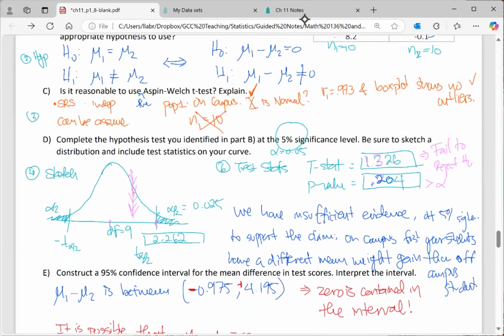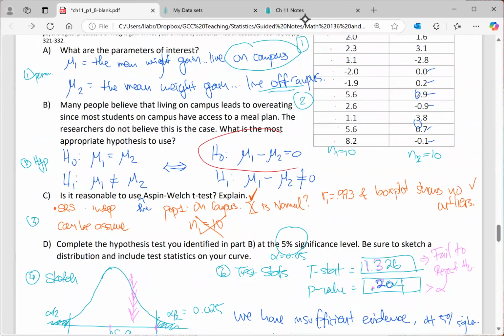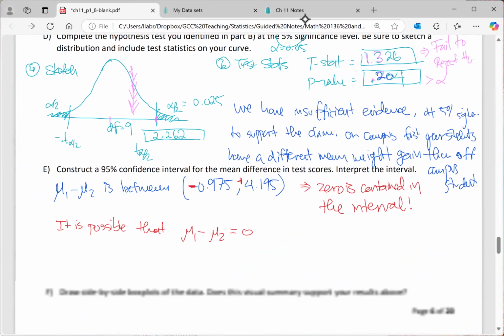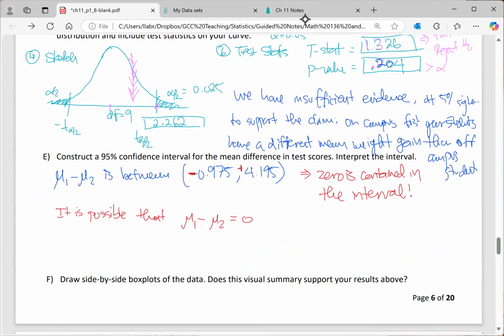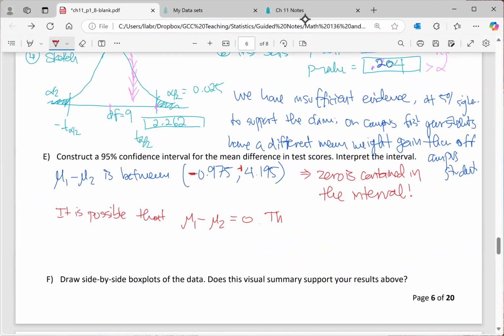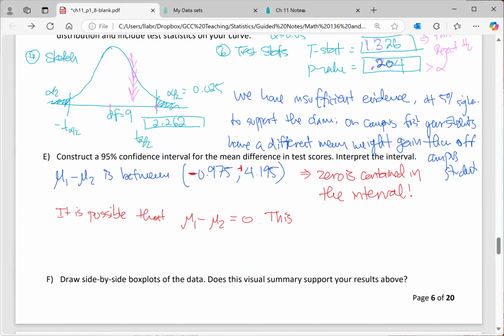And notice that that was the null hypothesis right here. So that null hypothesis, that mu1 minus mu2 being 0, is potentially true as shown here by our confidence interval. So because it's possible that mu1 minus mu2 equals 0, this supports the conclusion of the hypothesis test.